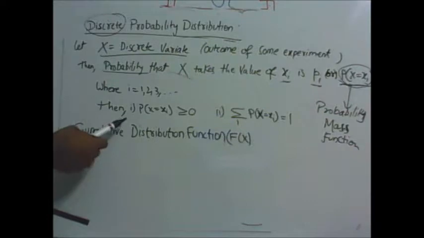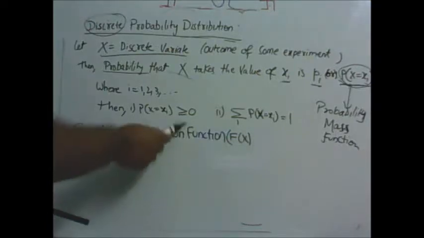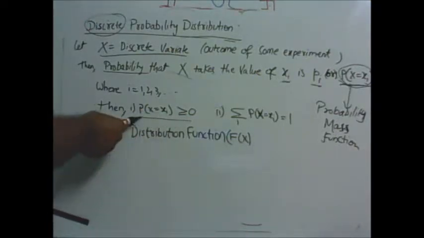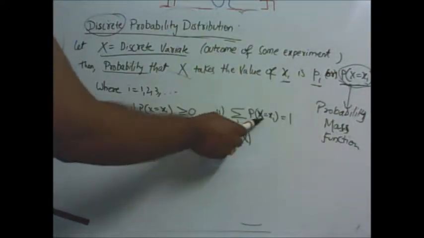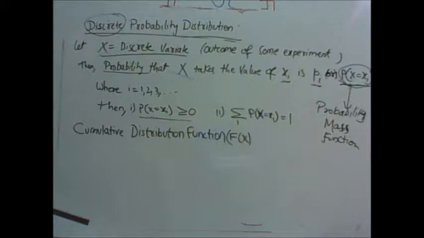Now, we already studied that probability can never be less than 0 or more than 1. The least value is 0 and the maximum value is 1. So the probability mass function value is always greater than or equal to 0. It cannot be negative. And we already studied that for a sample space, if we include all the output values, the probability of all the output values occurring is 1.